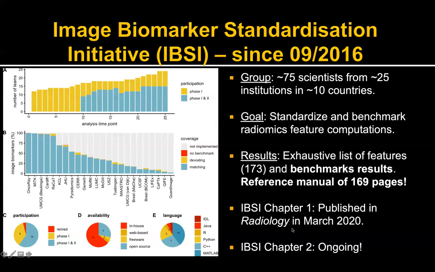For now, I will describe to you the results and the specifics of IBSI chapter 1, which is about the computation of the radiomics features themselves and how we must follow some type of guidelines, some type of workflow to be sure that the work we're doing, the radiomics features that we're computing after some segmentation, is benchmarked such that others can reproduce it, and eventually such that it can lead to clinical translation.